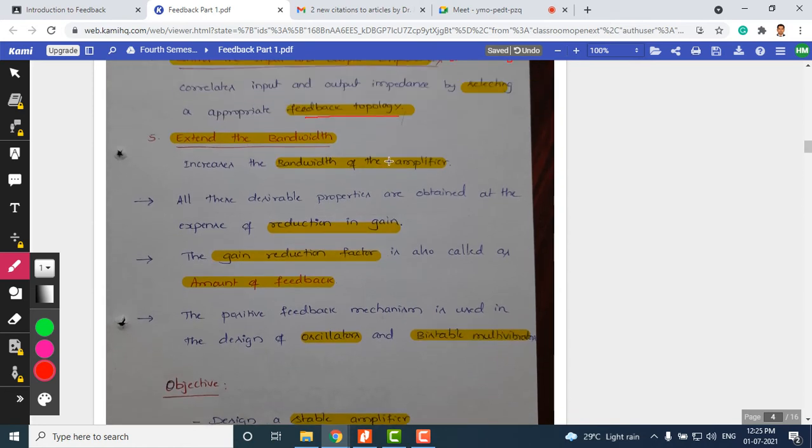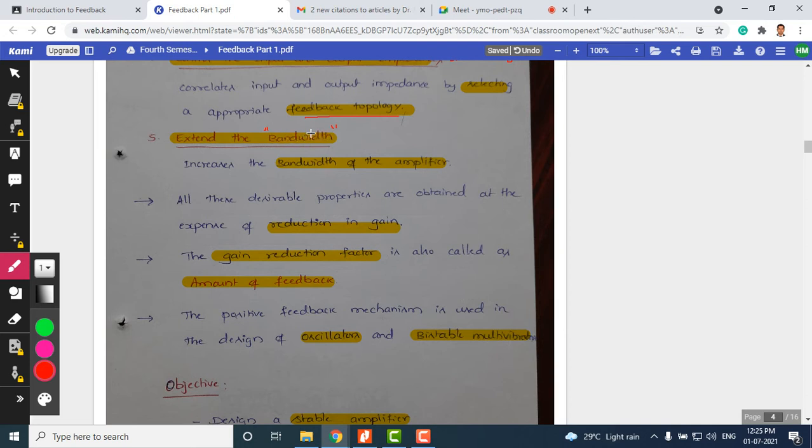Another important and last advantage of feedback is the extended bandwidth. Bandwidth is very important because the more bandwidth we have, the more signals we can transfer. Bandwidth is nothing but a frequency range. Every circuit has its own frequency range, which is limited by various factors.